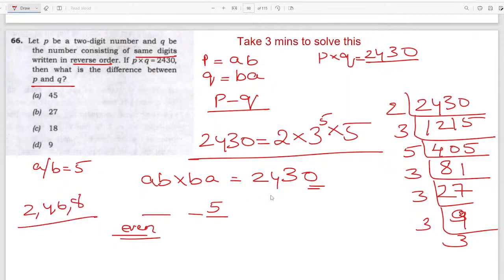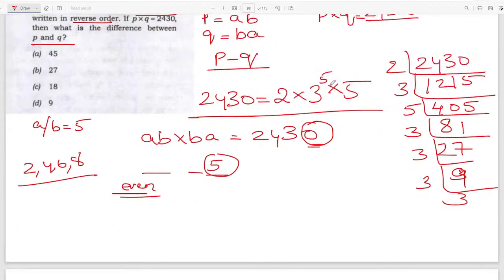So we have four alternatives for one, and the other is fixed, that is 5, because the product ends in 0, so there has to be a 5 there. We have only one 5 here. So BA or AB has to involve 5.